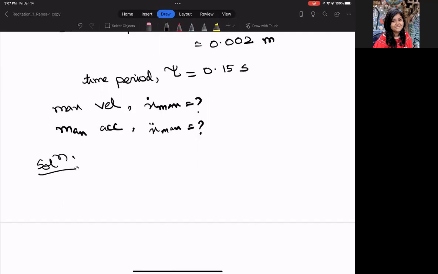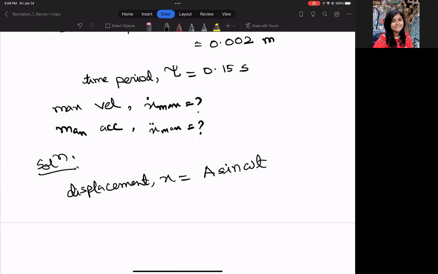Now, we know that the displacement of a harmonic motion is denoted by x equals a sine omega t. Here a is amplitude, omega is the angular velocity, and t is time.